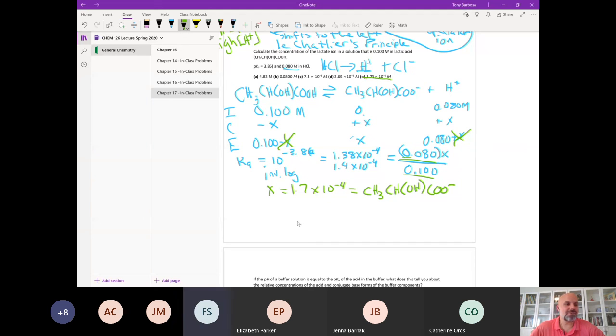Yep. So they said the pKa is equal to 3.86, and then they gave the molar concentration of HCl, but then you put the molar concentration of HCl under H plus. Yes. And the reason for that is because HCl, if we have a 0.080 molar solution here, it's completely dissociated.